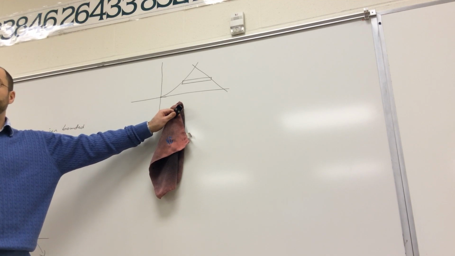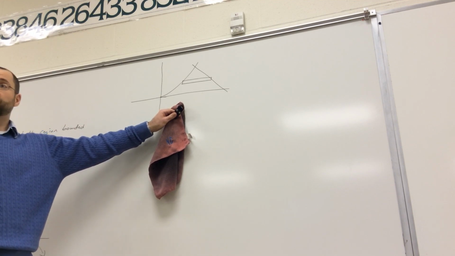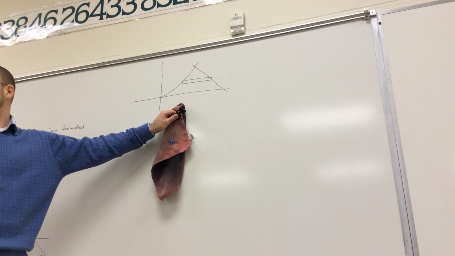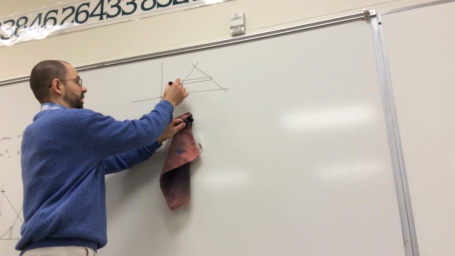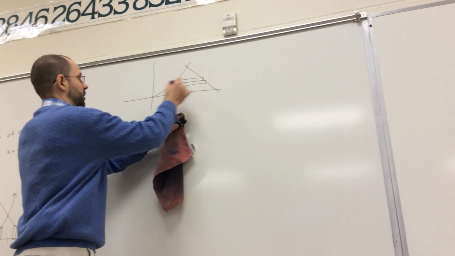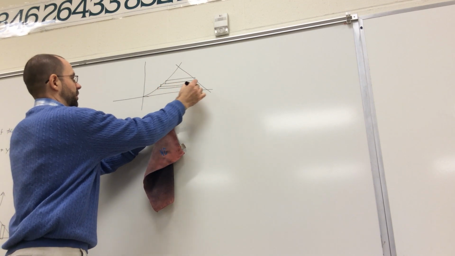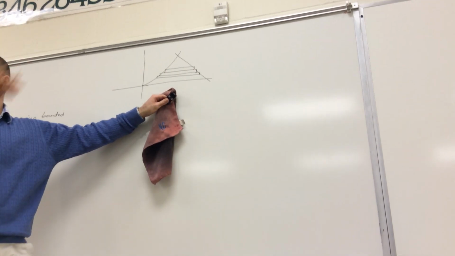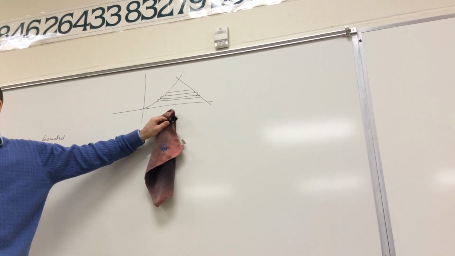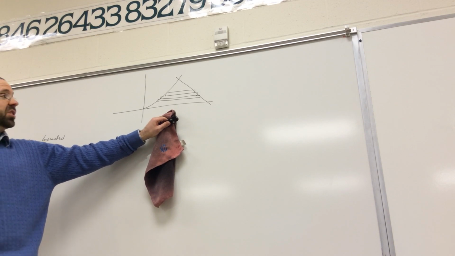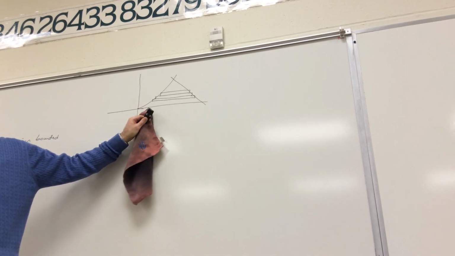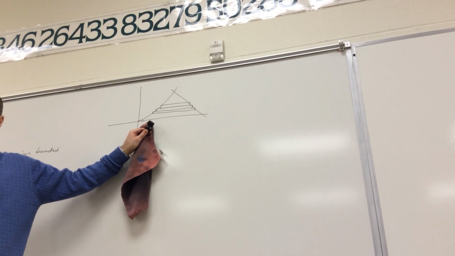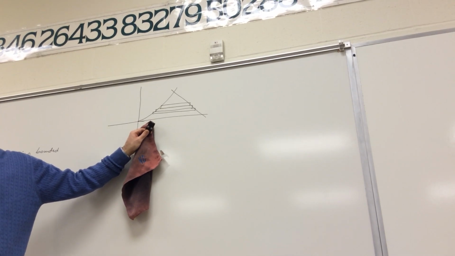The reason we're doing that is, as you go up and down through the bounded region, all of the rectangles run between the line and the curve now. So there's only one type of rectangle if you do it that way.